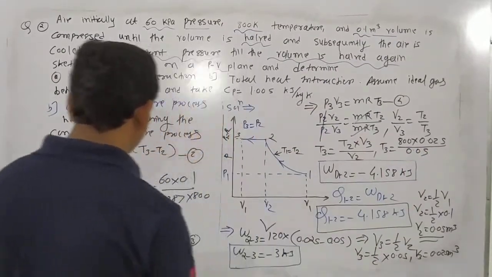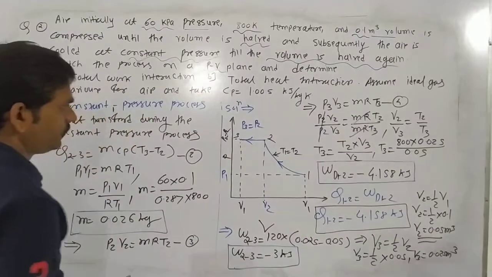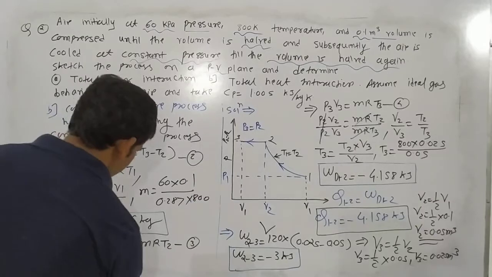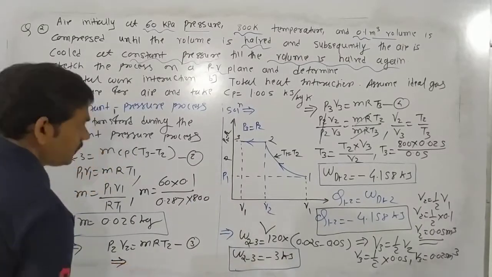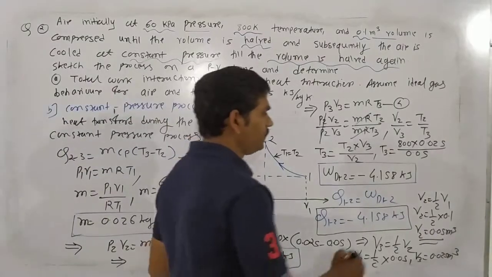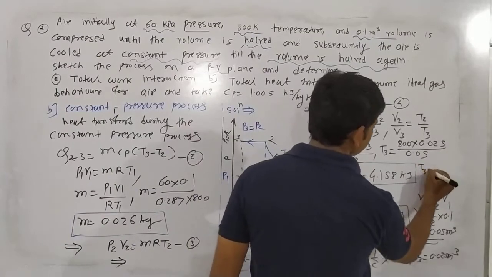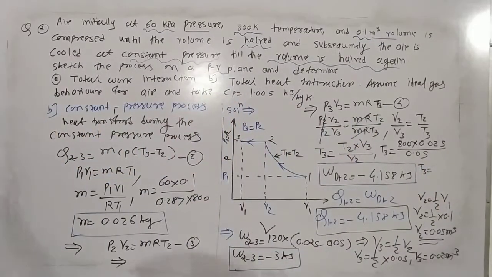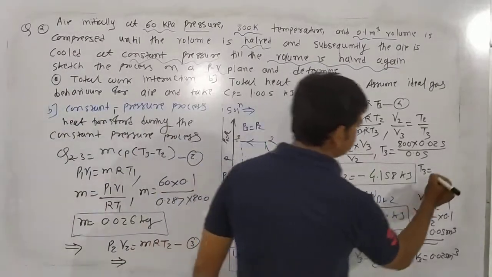Calculate the answer, guys. After doing the calculations, we get the value of T3, I write down here. It is 400 kelvins.